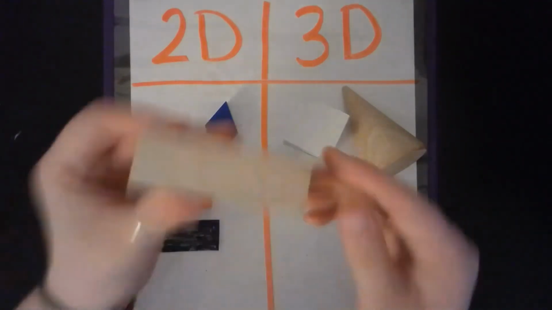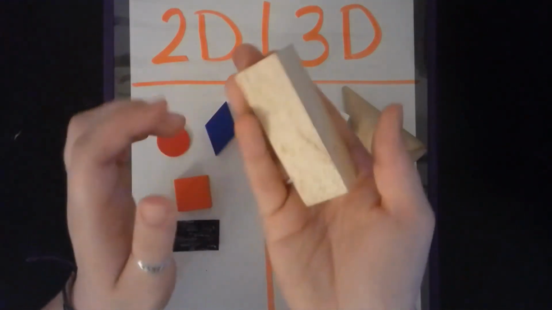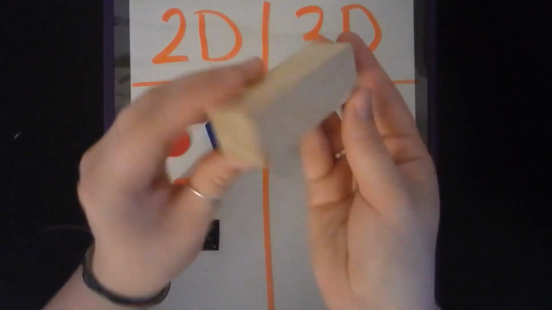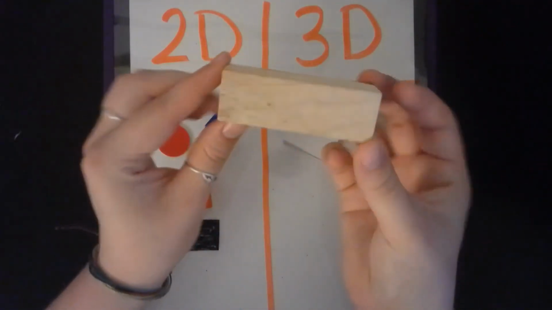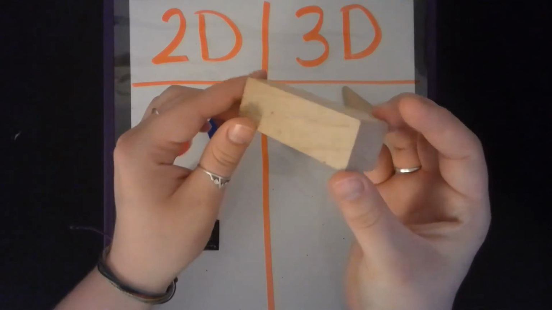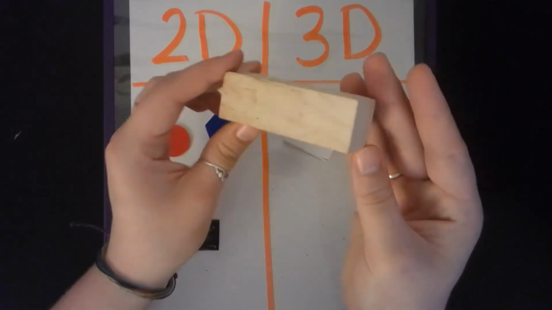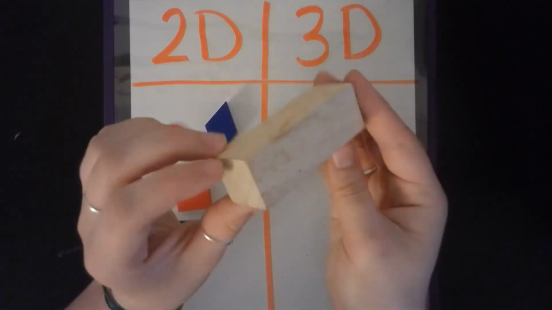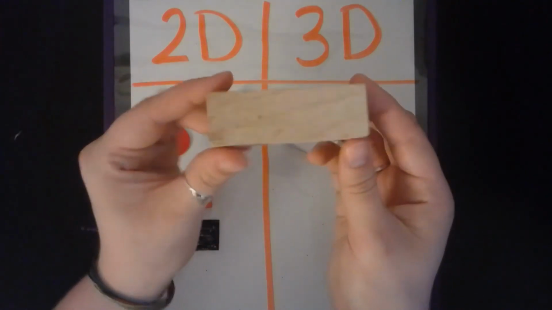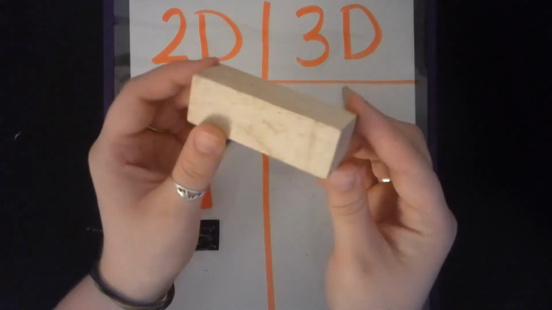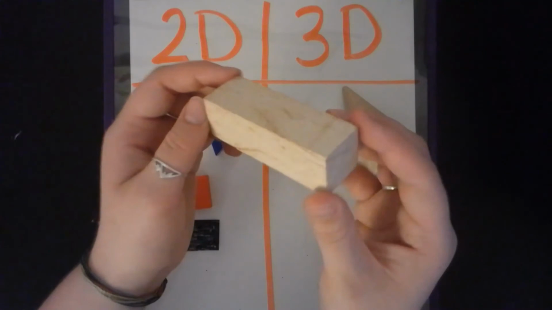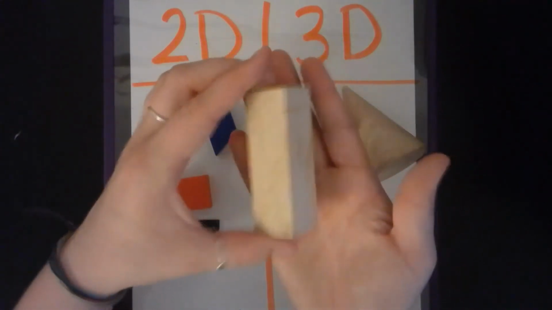Our next shape is this. What shape is this? A rectangular prism. Let's say that one together. A rectangular prism. This shape is a rectangular prism.